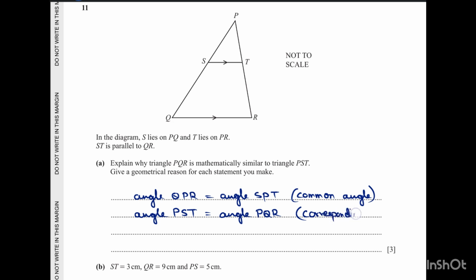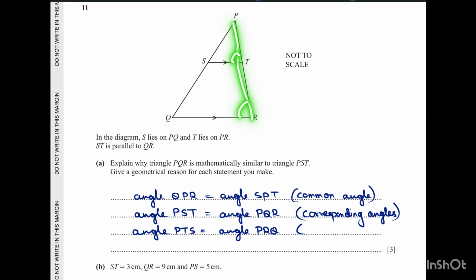Corresponding angles. Then, same way, angle PTS is equal to angle PRQ. Same way, the other side also has corresponding angles here, so they are also equal. Corresponding angles.